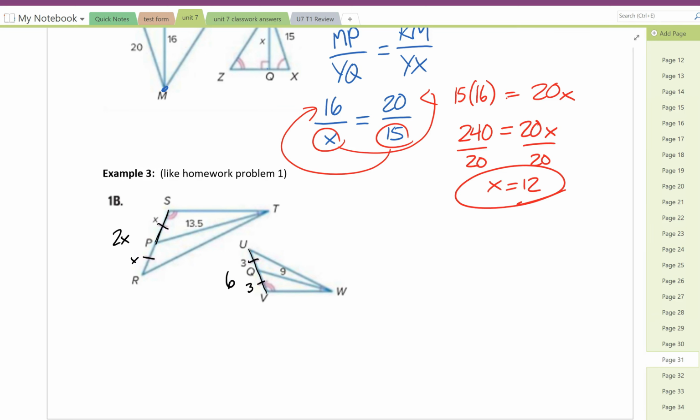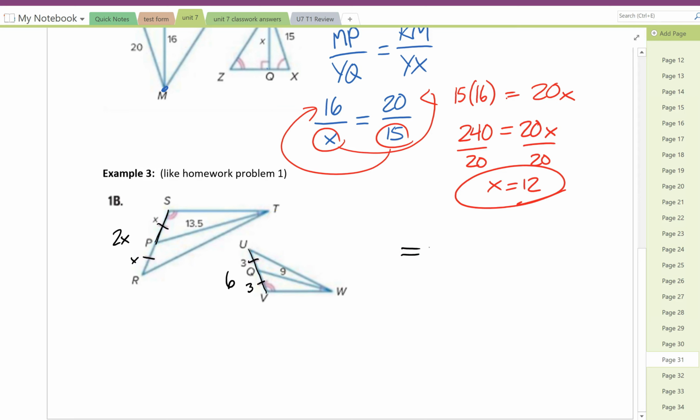Okay, I'm dealing now with medians, but the rules that I used on the last two examples hold. In other words, the ratio between the triangle center is the same as the ratio between corresponding sides on the two triangles. So what do I have and what don't I? Let me write out the proportion first.